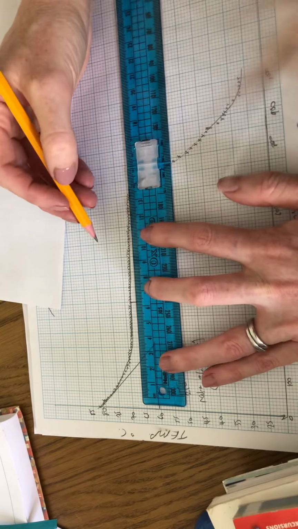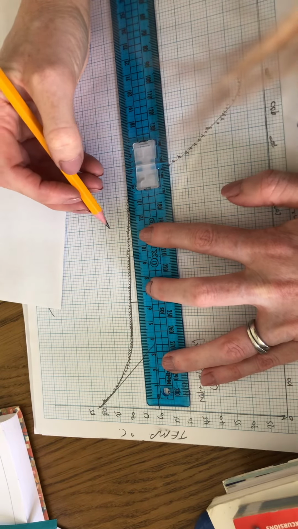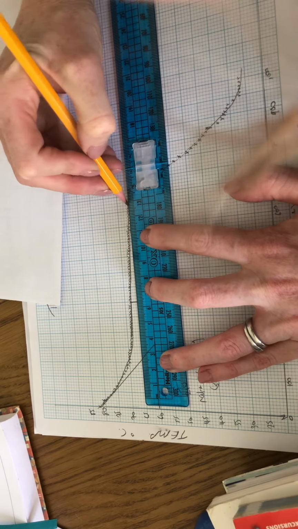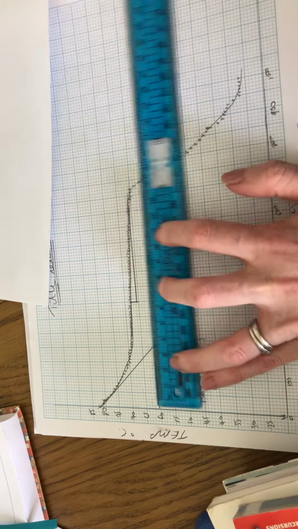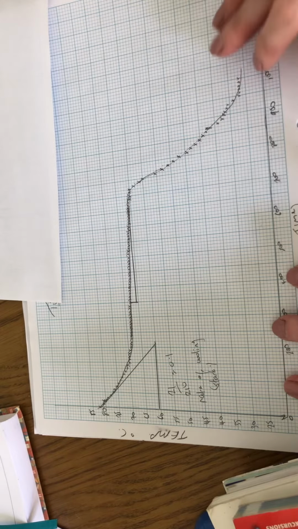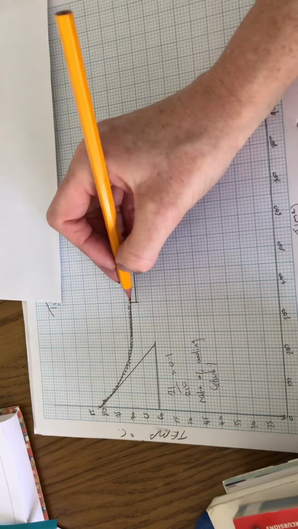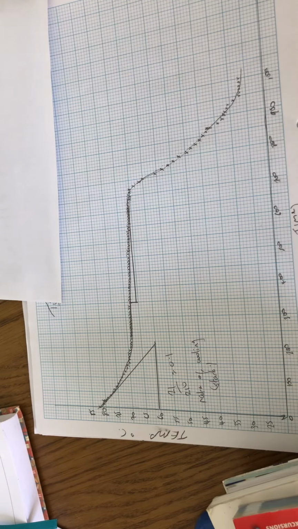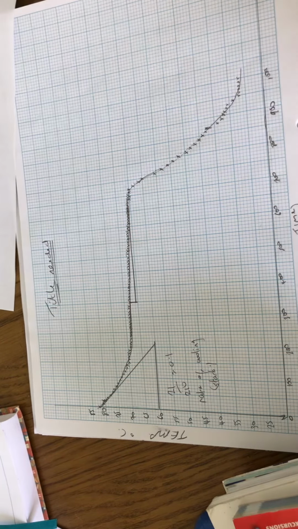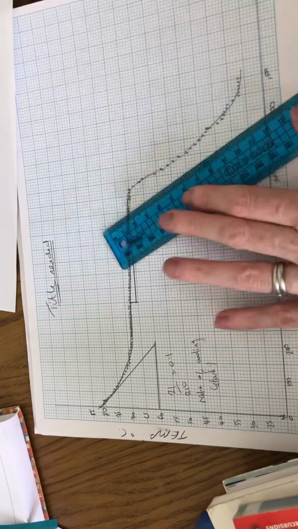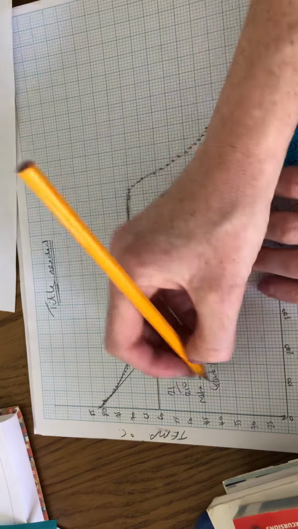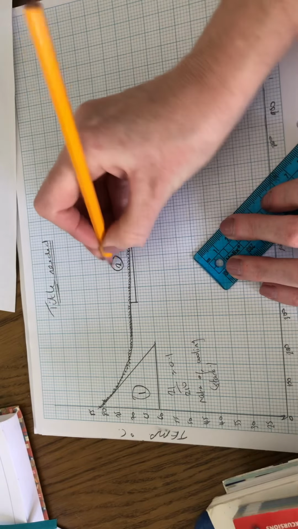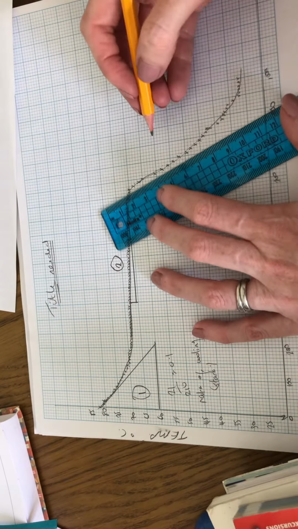And I'm going to do it to there. And again, you can see that that's going to be a much smaller number because it's not dropping as fast. So that steepness of that curve is much less. And again, you're going to do another rate of cooling. So you're going to do 1 at the start, 1 at the middle, and 1 at the end.